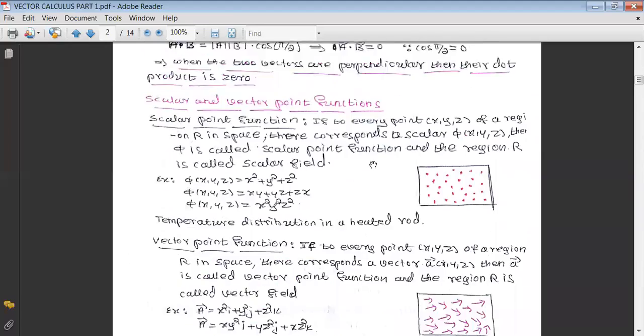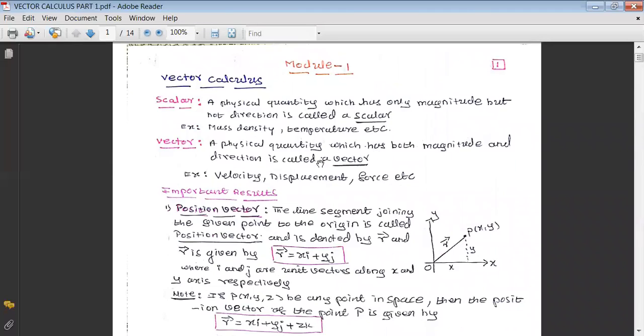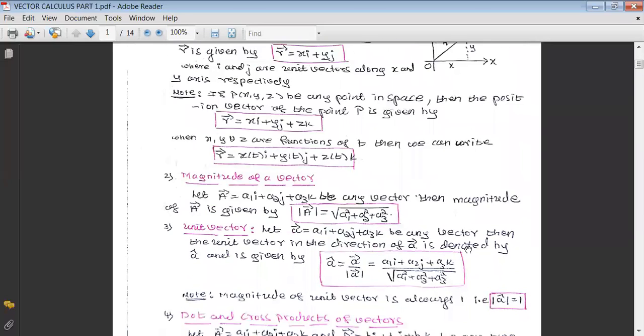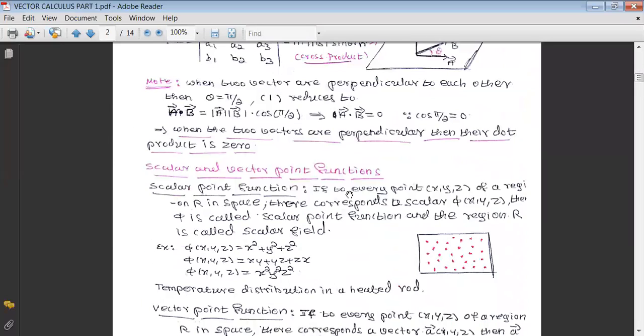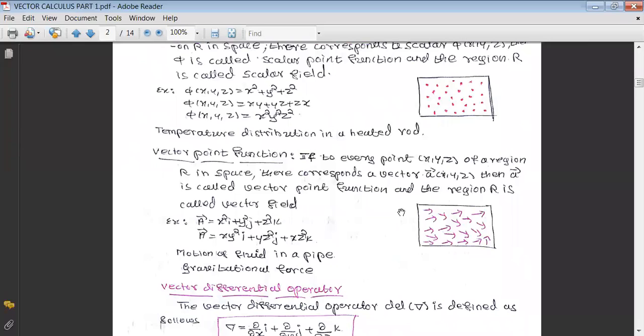See, what we have discussed so far, right from the beginning: what is a scalar, what is a vector, what is a position vector, what is the magnitude of a vector, what is a unit vector, what are dot and cross products, what are scalar and vector point functions. These are all very essential to carry out our next discussion, which starts with the vector differential operator.